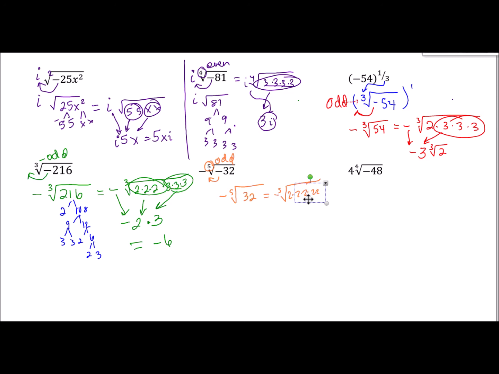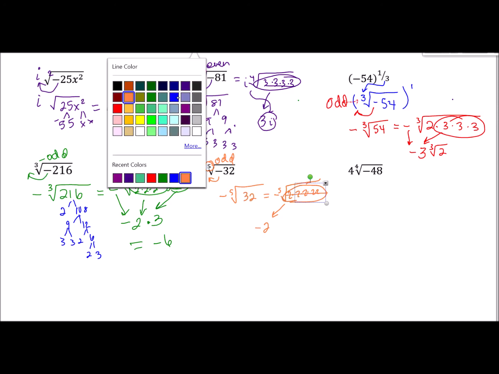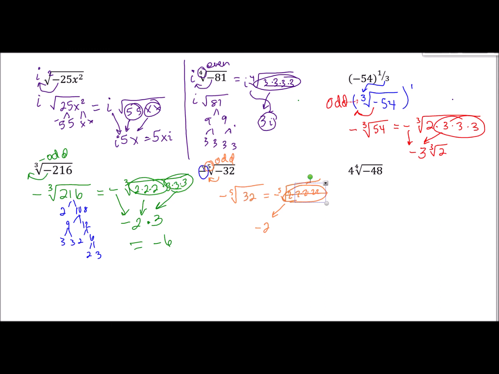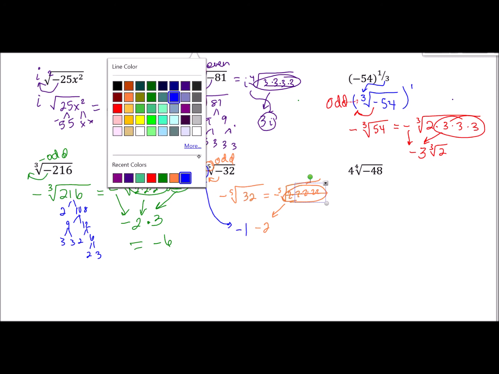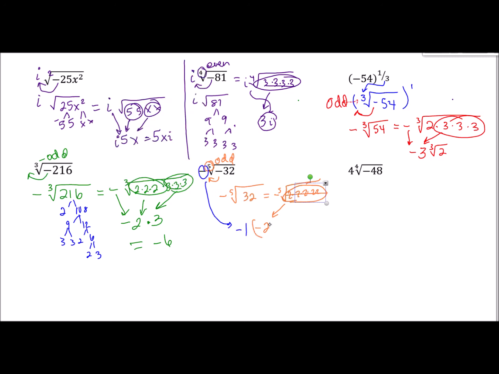You got a group of 5 here. One makes it out. The rest are gone. That's negative. But there was also a negative up here in the beginning, right? It was at the start of the problem. That's like negative 1. And we're multiplying it by our answer, which was negative 2. So the actual answer is 2.